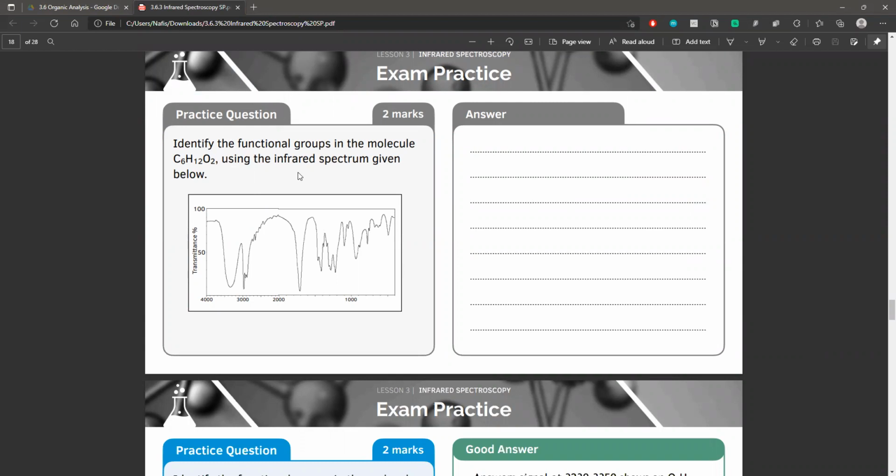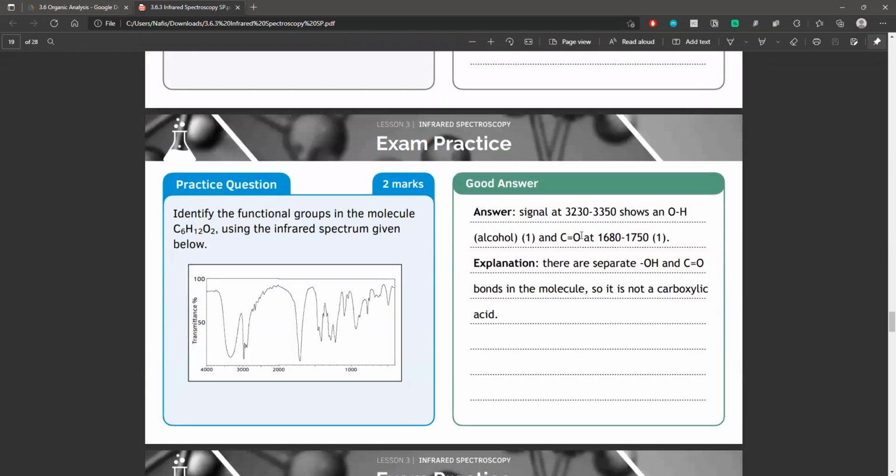So can we identify some of the functional groups present? CHOH, C double bond O. Yep.